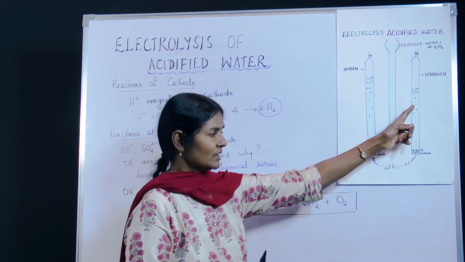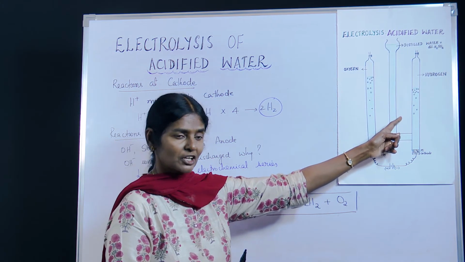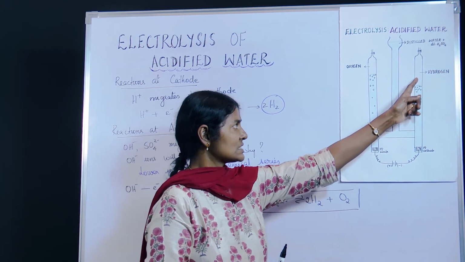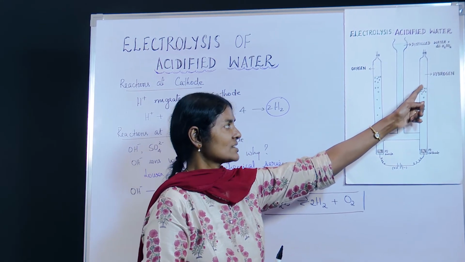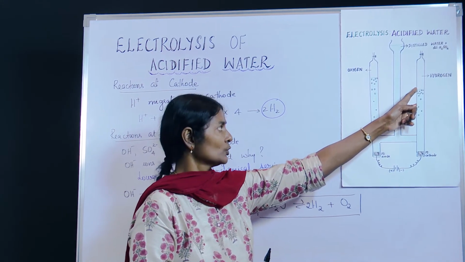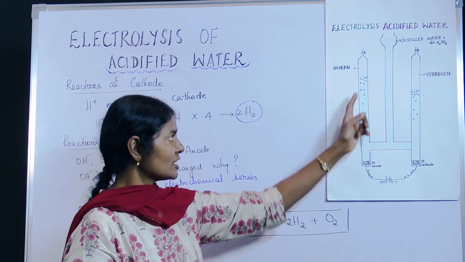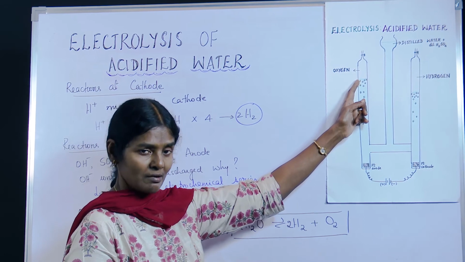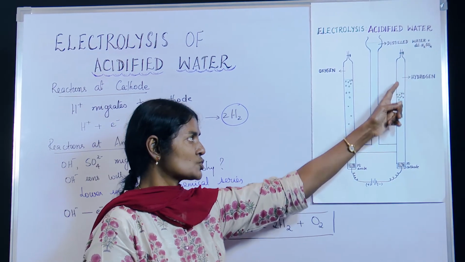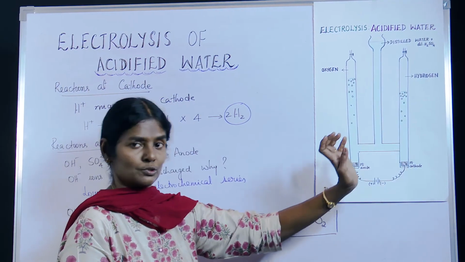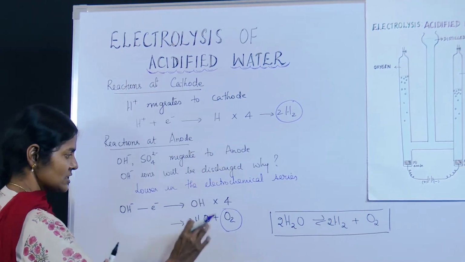By the end of 3 to 4 hours, you can see that this has become double the volume of this side. So the anode side has a volume of 1, then here it would be 2 volumes on the cathode side. Okay, so that is the product.